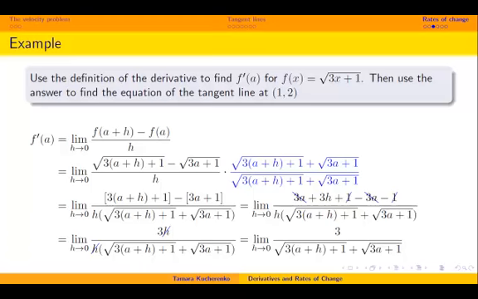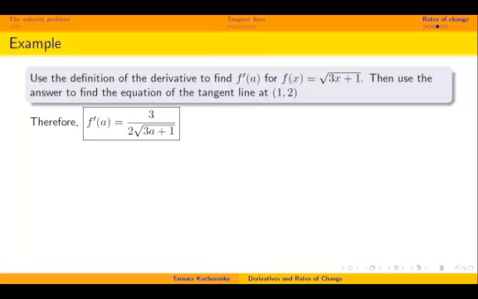Notice that setting h to be 0 makes the first radical equal to the second. We obtain 3 over 2 times square root of 3a plus 1. Therefore, the derivative f prime of a equals 3 over 2 times square root of 3a plus 1.